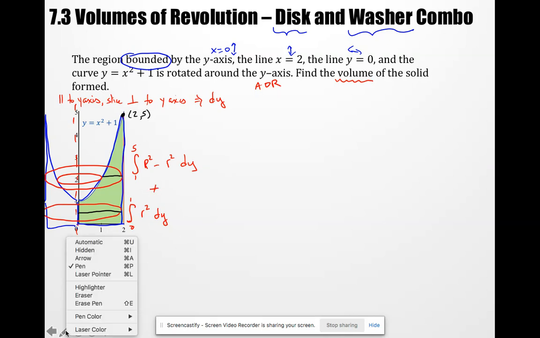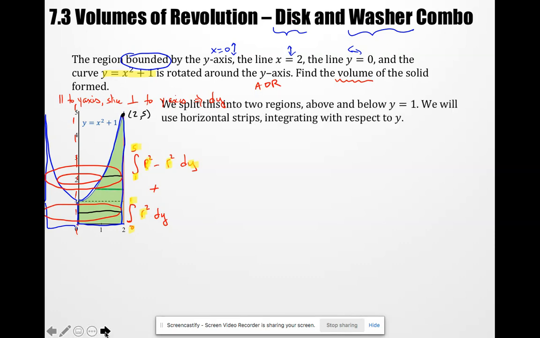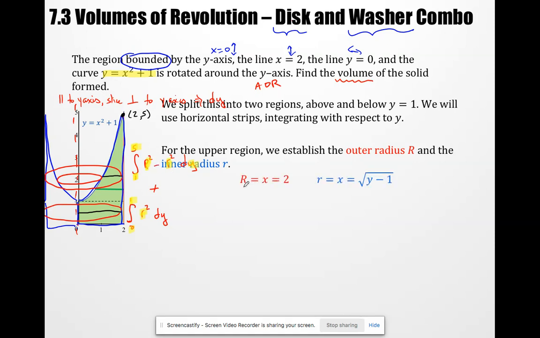Also notice that since I'm integrating dy, I need to get this equation in terms of x, right? Because since I'm integrating dy, every expression and number has to be in terms of y. So for the upper region from 1 to 5, the outer radius, the long radius, is just 2, because that boundary doesn't change.